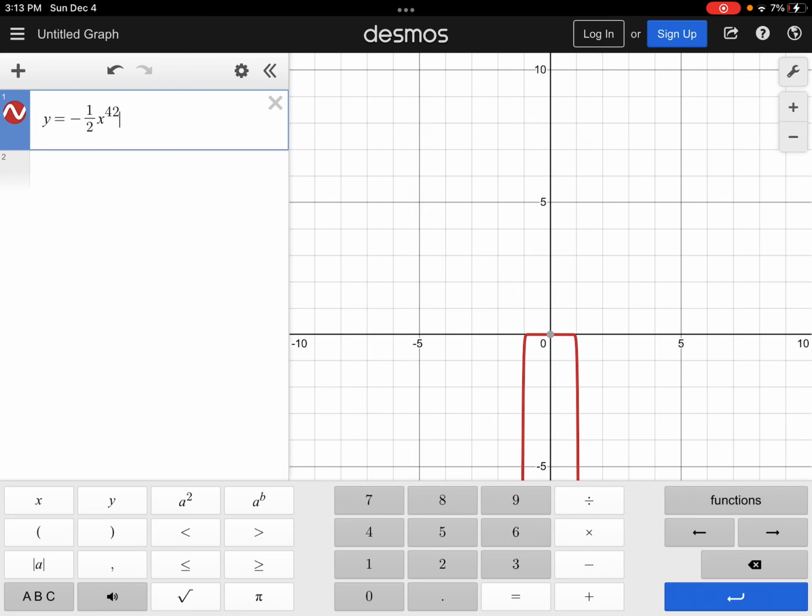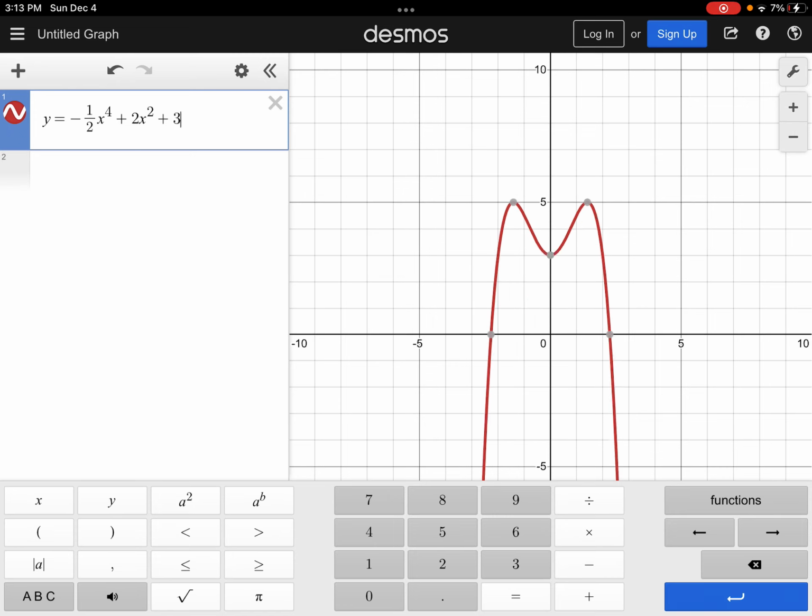That'll work just the same. So I've got negative 1/2 x to the fourth plus 2x squared. I already got the square there, and then plus 3.